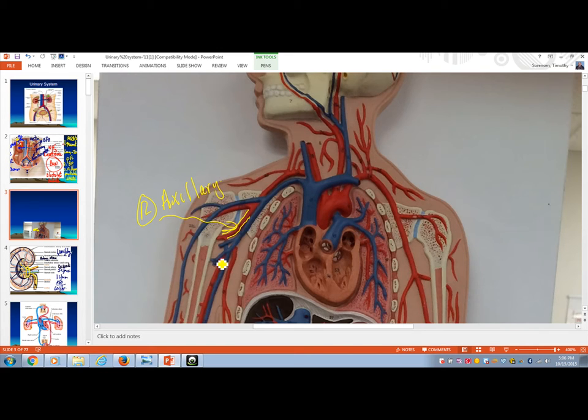And then the right axillary artery branches into this big artery in your arm called the right brachial artery.